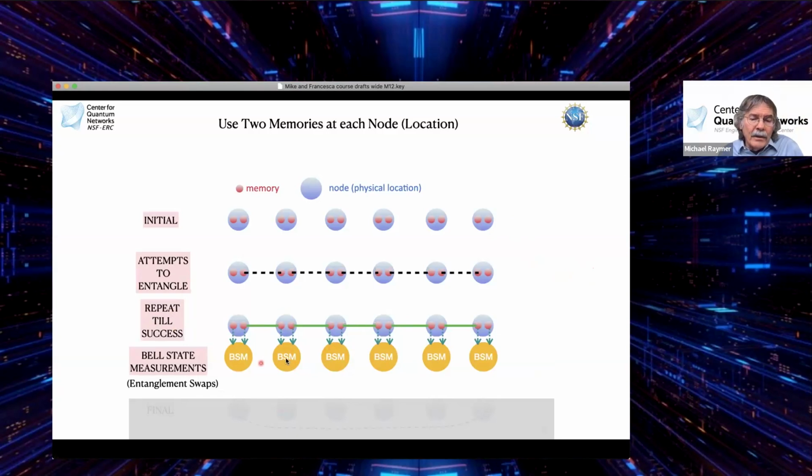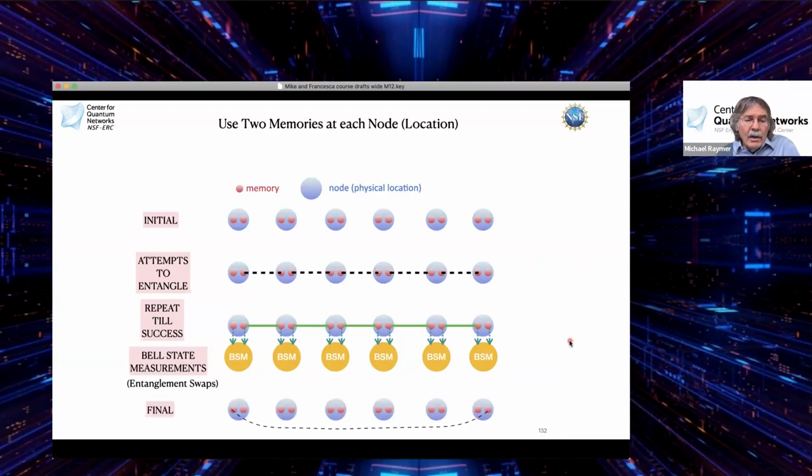Now they all have to announce publicly what the Bell state measurements revealed. Which of the four Bell states did they achieve? Did they observe? This information is enough to let Alice and Bob at the far nodes know that they now have entanglement. And notice they did not sacrifice both of their atoms.